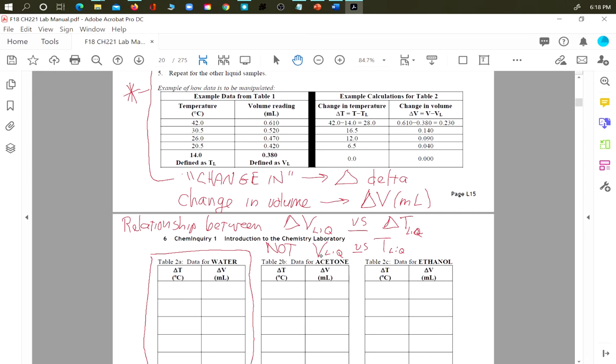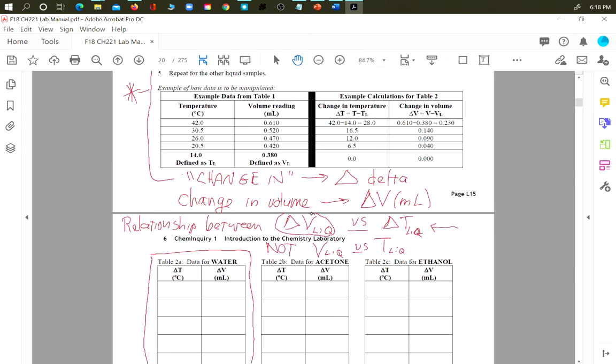And so it doesn't really tell us a lot about water itself if we just measure the volume and the temperature. What we really want to know is if I change the temperature by some incremental amount, delta T, what's the resulting change in volume of the liquid, delta V?